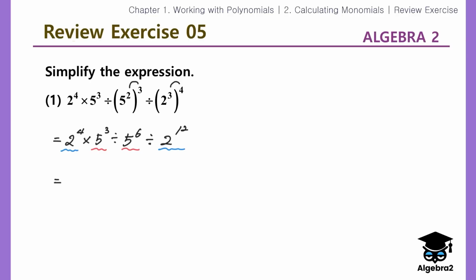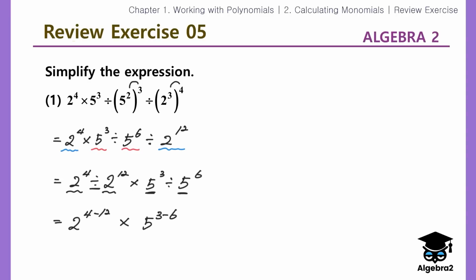So let me rewrite this. 2 to the 4 divided by 2 to the 12, and we have times 5 cubed divided by 5 to the 6. So same base, division, we subtract 12 from 4, right? So that's 2 to the 4 minus 12, times same base, division, so 5 to the 3 minus 6.